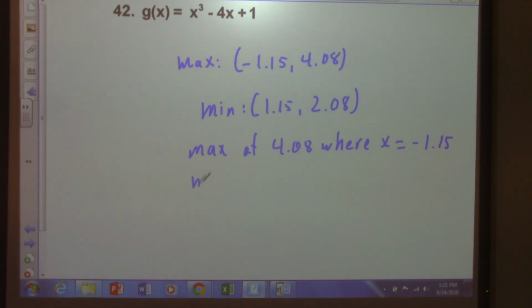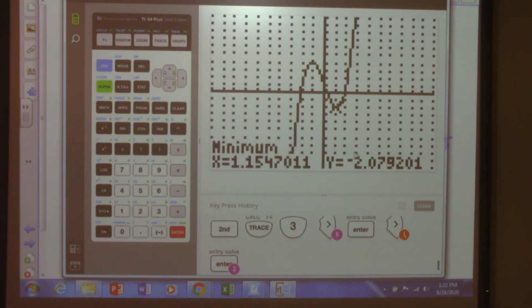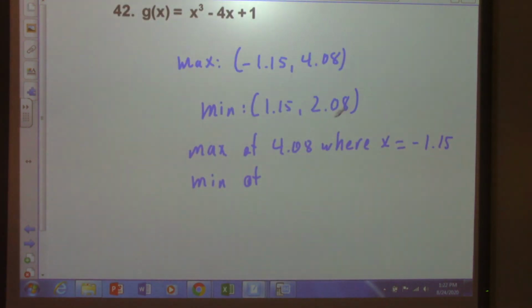And we have a minimum of, is it 2.08 or negative 2.08? It's negative 2.08, right? So let's fix this. There we go. Negative 2.08, where x equals 1.15.